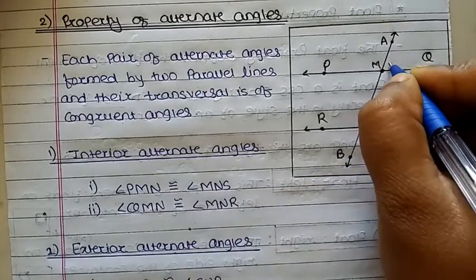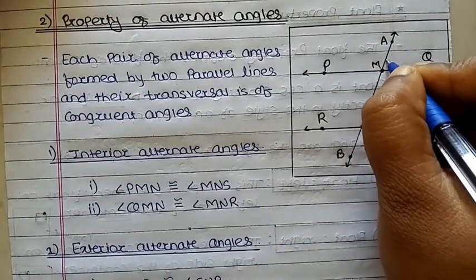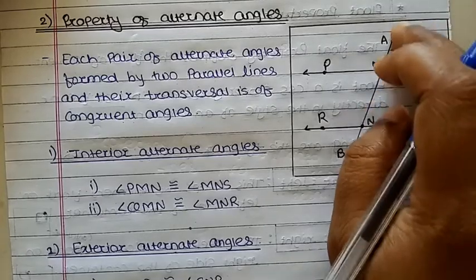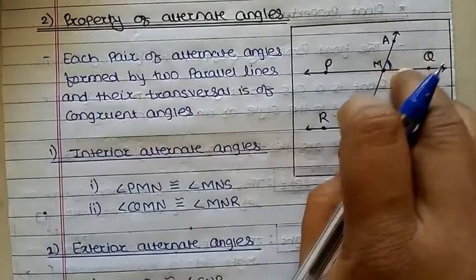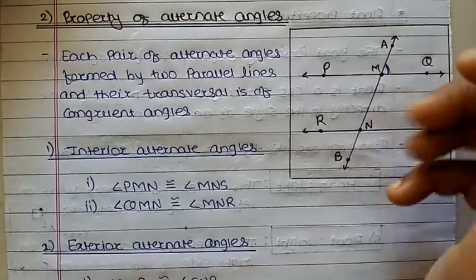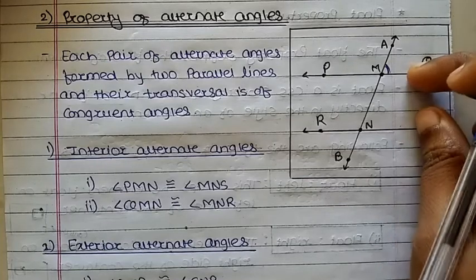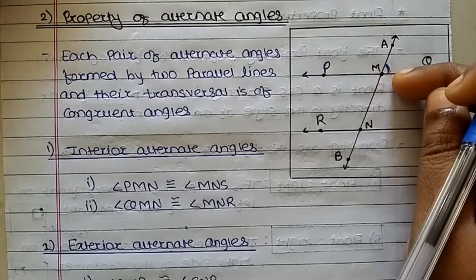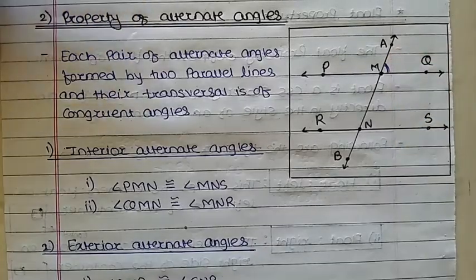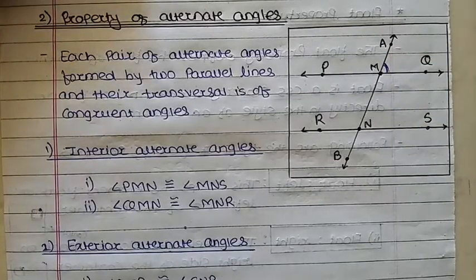Suppose I want to find the alternate angle of this one. This is the exterior. Exterior means the angles away from the internal ones; between these two lines there are interior angles. Apart from this there are exterior angles.